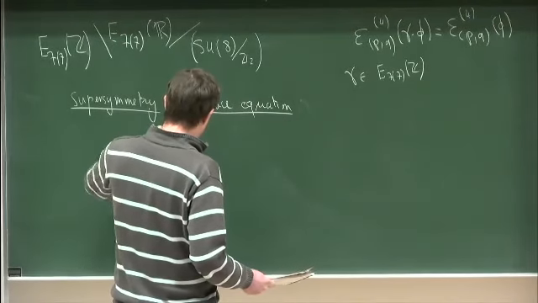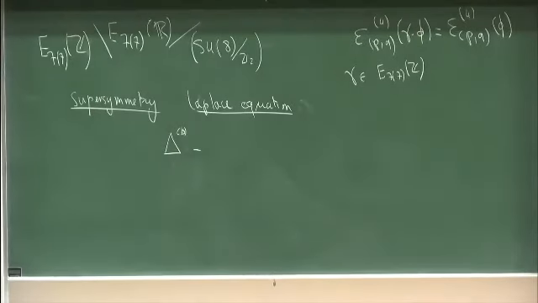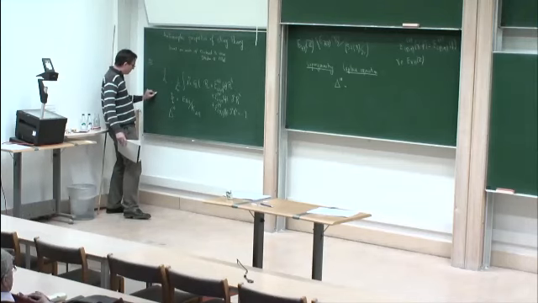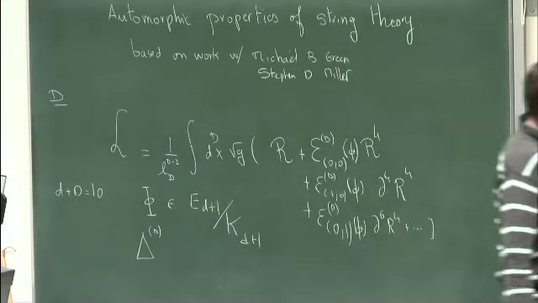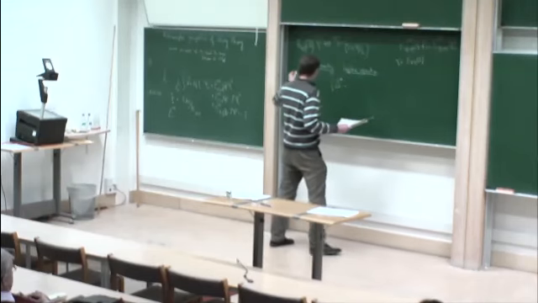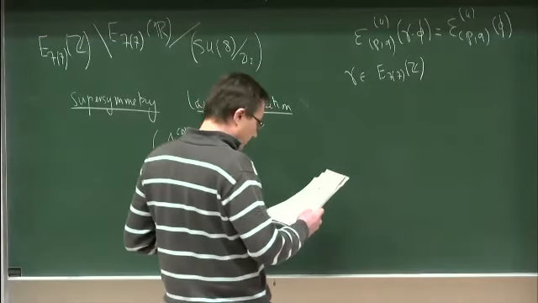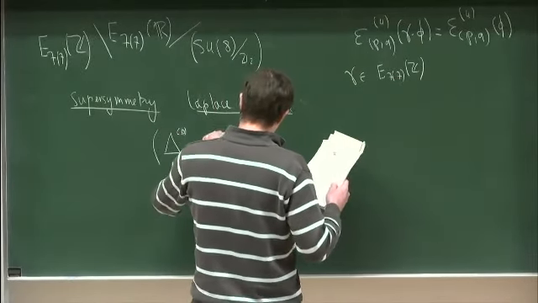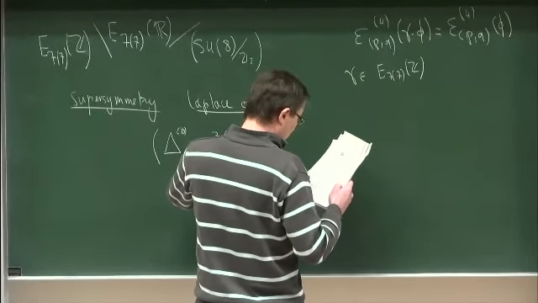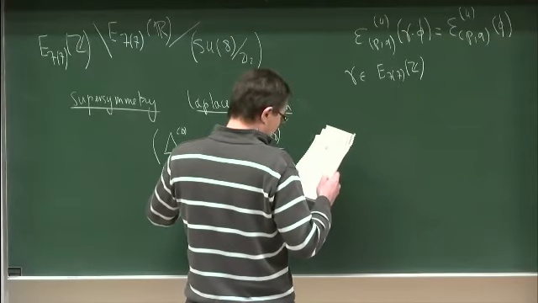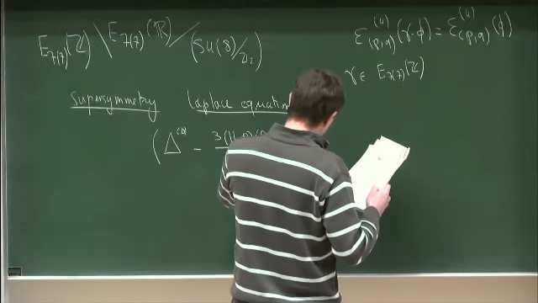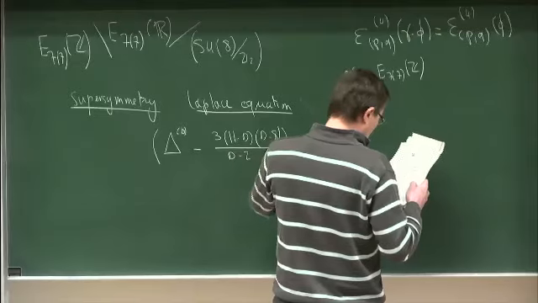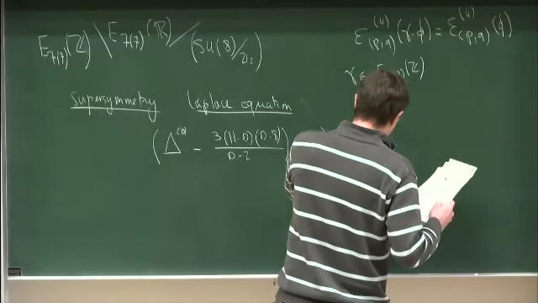When I write nabla d, I refer to the Laplacian on the coset space, where d plus 1 here, and d plus d equals 10. And we found with Michael and Steve that the E00 coupling satisfies the differential equation that I'm writing to you.